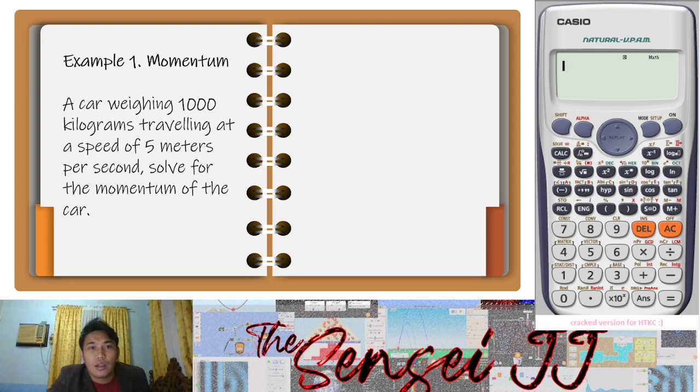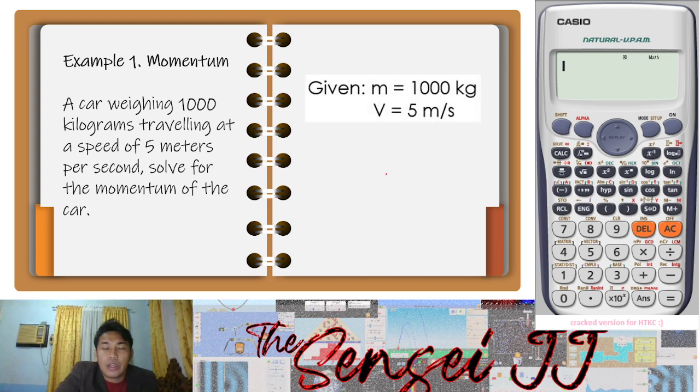Okay, so let's try this example. Example one, momentum: a car weighing 1,000 kilograms traveling at a speed of 5 meters per second. Solve for the momentum of the car. So this is just the momentum. We have here given 1,000 kilograms and velocity of 5 meters per second.